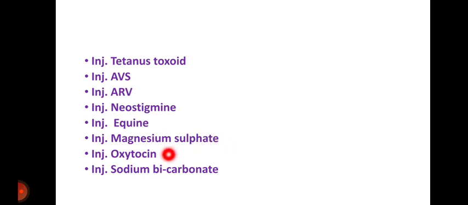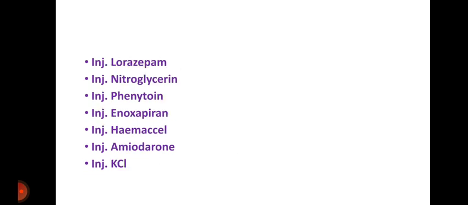Then oxytocin is also used for pregnancy, and sodium bicarbonate is used in case of systemic acidity. Injection lorazepam is a kind of sedative hypnotic drug and can also be used in epileptic seizure as well. Then injection nitroglycerin and injection enoxaparin can be used in cardiovascular risk patients.